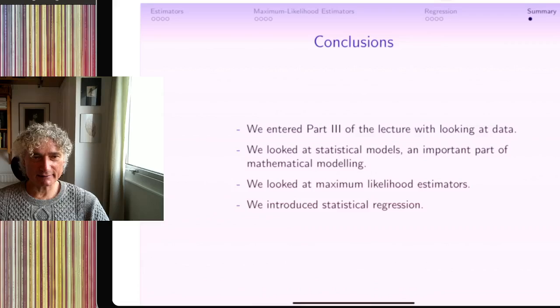For example, like the normal distribution has been parametrized by its mean and variance, and then the mean and variance can be chosen such that they have maximum likelihood. And then they explain best, given that actually the underlying distribution is really a normal distribution, which of course is an assumption. But then if that assumption is true in reality, then the maximum likelihood parameters give you the best estimate of the data.